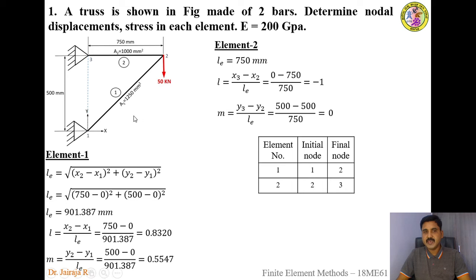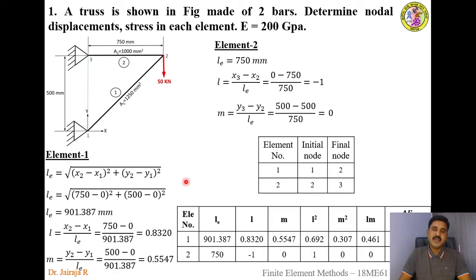This element connectivity table is very important. For the first element, the initial node is 1 and the final node is 2. Similarly, for element 2, the initial node is 2 and the final node is 3. Then we need to write l square, m square, lm, and AE divided by LE for element 1 and element 2.